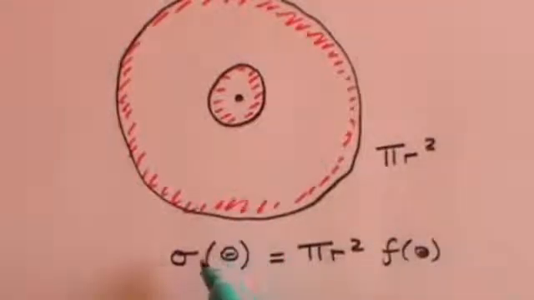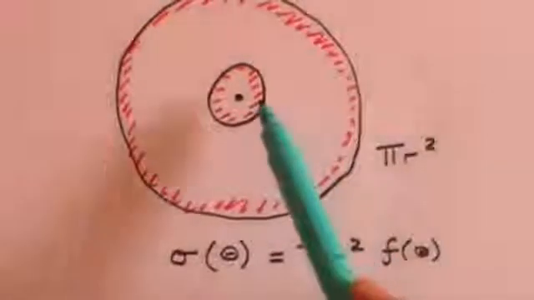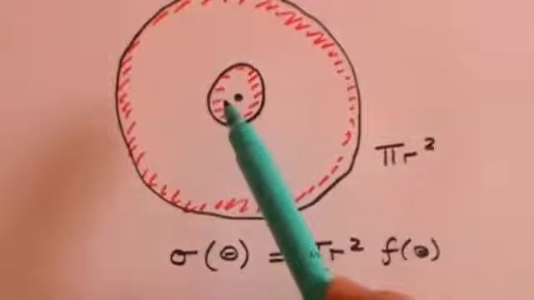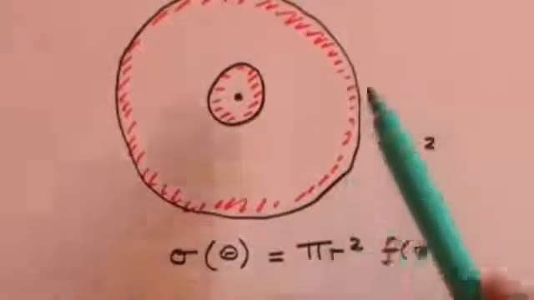So this cross-section both gives you an indicator of the number of particles that are likely to be deflected through that particular angle, or you can look at it another way, it gives you an indication of the probability of an alpha particle being deflected through that angle. The closer to the nucleus you come, the greater will be the angle of deflection, but fewer alpha particles will hit that area than will hit this area.